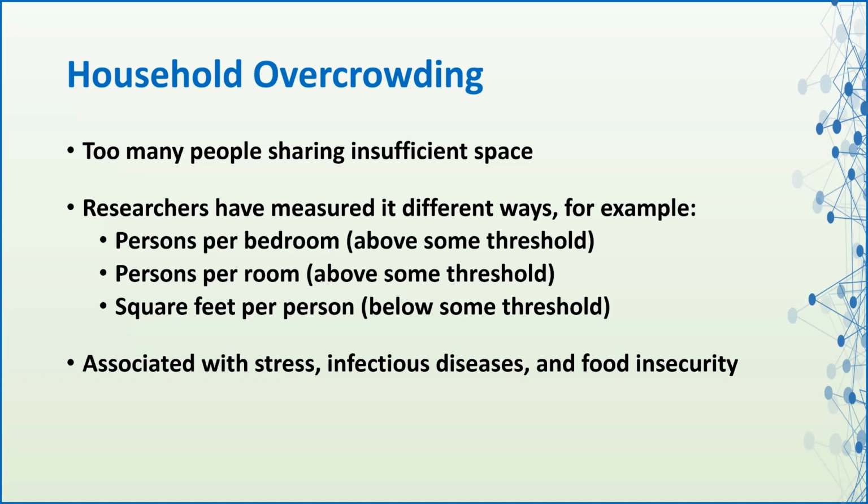Some examples of negative outcomes that are associated with overcrowding are stress, infectious diseases, and food insecurity. Now, in some cases, these might not all be populated with values for a given individual. But as long as the household size is available and at least one of the other 3 is available, then at least one of the approaches to measuring overcrowding can be applied.